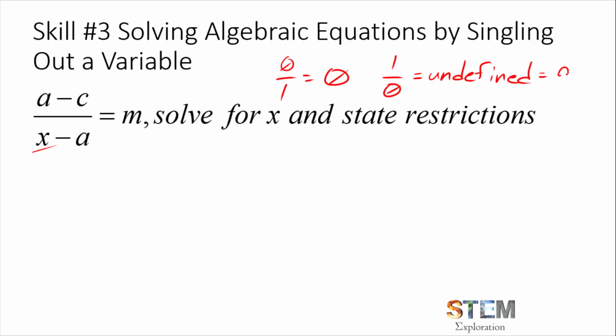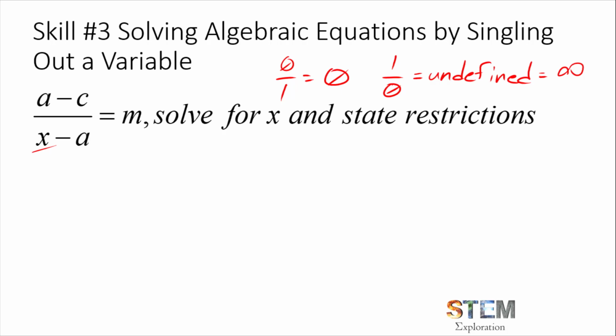It equals infinity theoretically. And so these are situations, at least at this level of mathematics, that we're not going to deal with. All we're going to do at this level is just say, this is restricted, we can't do this. If you go on and take calculus, you'll talk about that a little bit more, but at this level, all we're going to do is state restrictions.